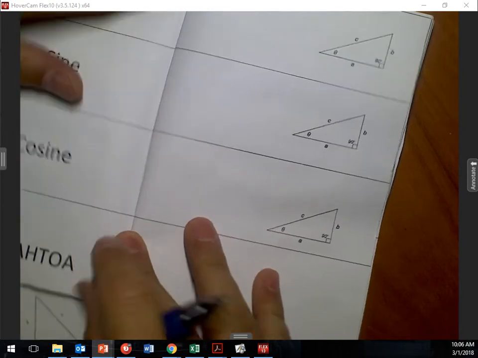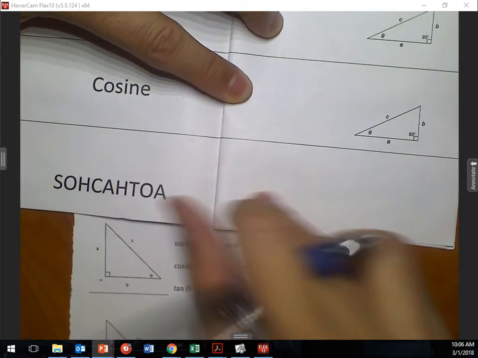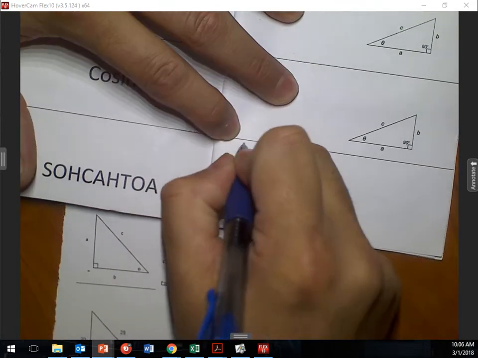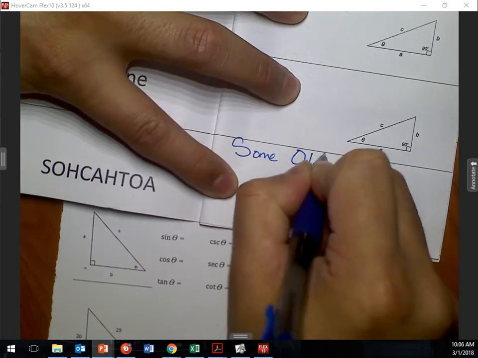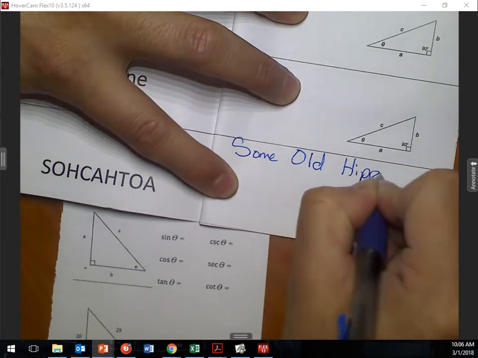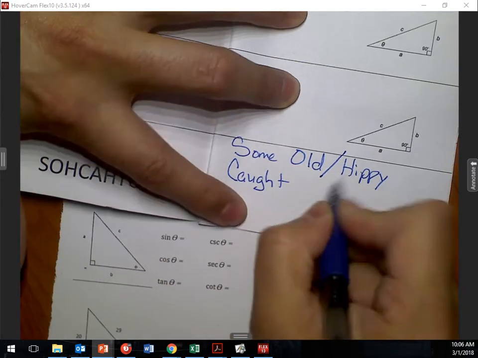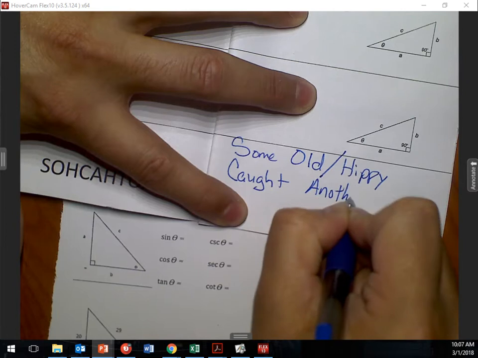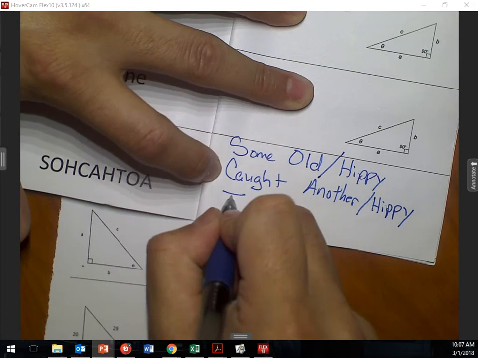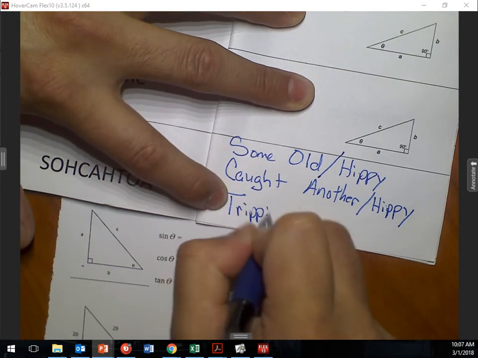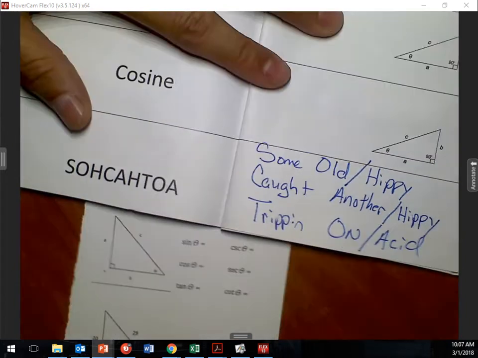Now let's go down here. If you want to write out the mnemonic for this one, it would be some old hippie caught another hippie tripping on acid, right?